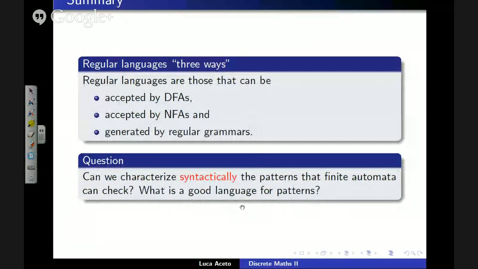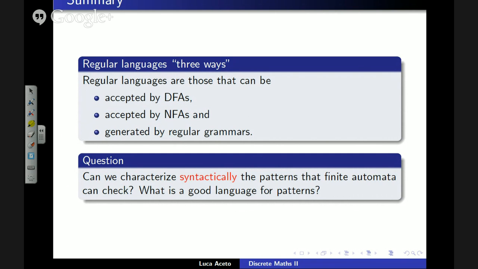Okay, so let me summarize what we've seen so far. We've seen, as a chef at Dill restaurant could put it, regular languages 3 ways. We've seen them smoked, we've seen them salted, and we've seen them in Misa. Yuck. Accepted by regular languages are those accepted by DFAs, those accepted by NFAs, and those generated by regular grammars.